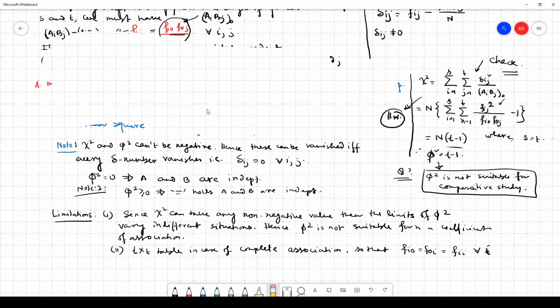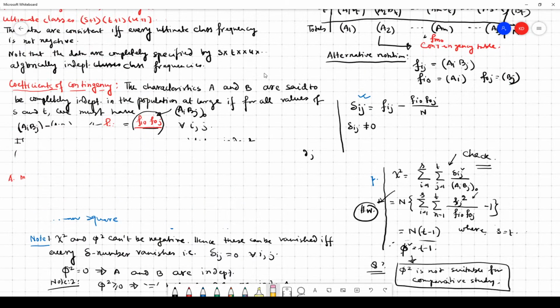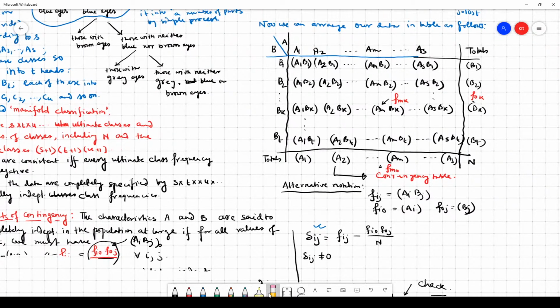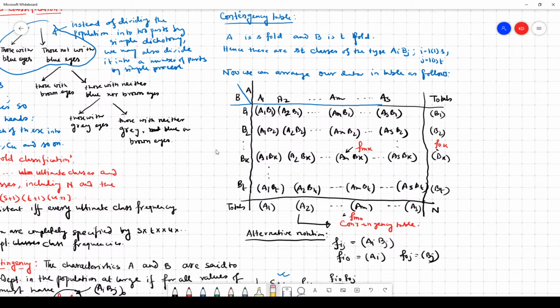If this is a complete association, then what happens is, look at the table, this means this part should be 0. Off diagonals are all zeros. Okay.